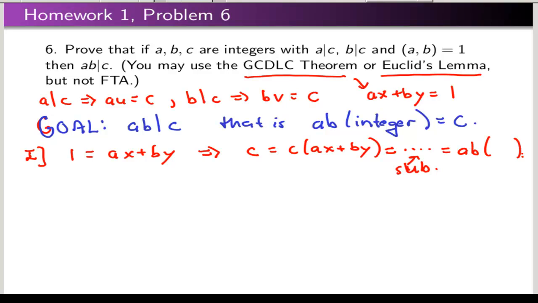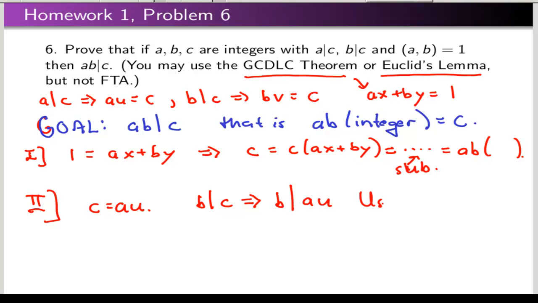appropriate things until we see this factor of AB popping out. So that's one approach. Second approach is to use Euclid's lemma. So where do I start? Let's just start with C equaling A times U, for instance. And then B is a divisor of C would mean B is a divisor of A times U. Aha!